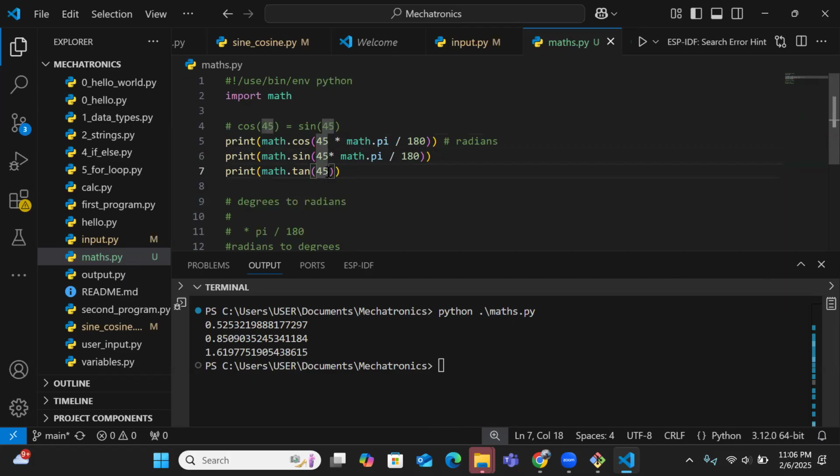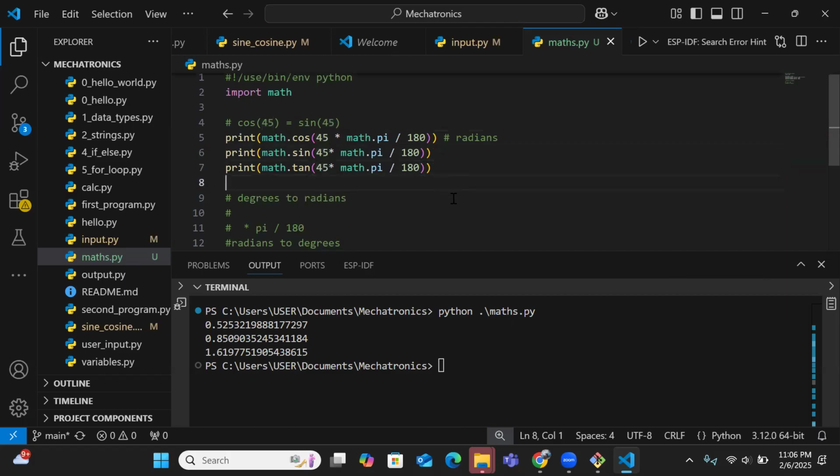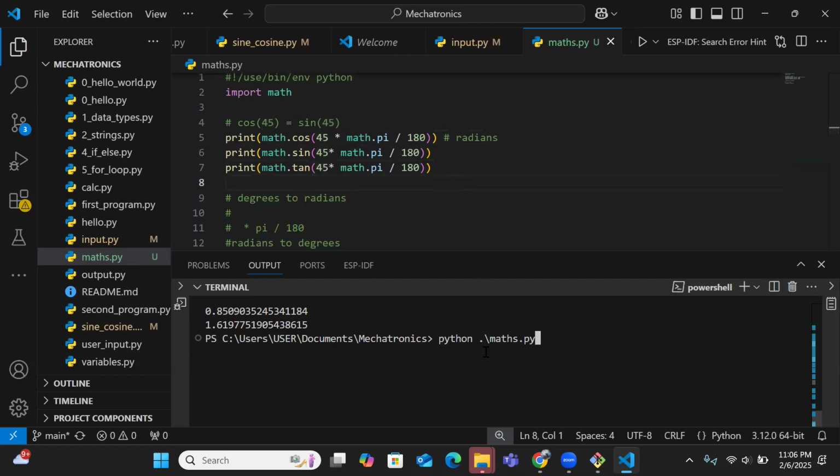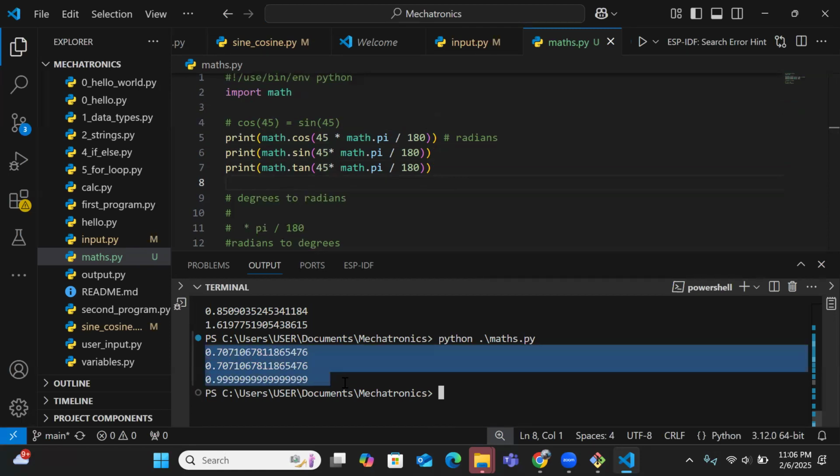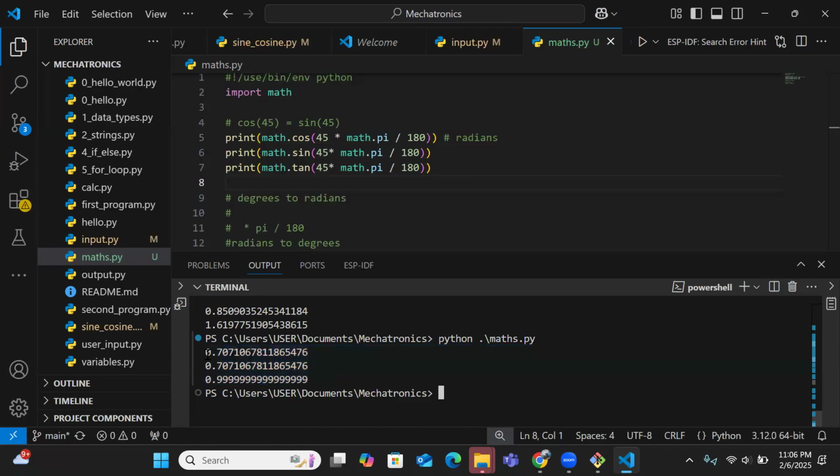So run that. Are you seeing it now? Now you are convinced? Now you see it is proving the values are the same. And I know the tangent of 45 is 0.999, which is 1.